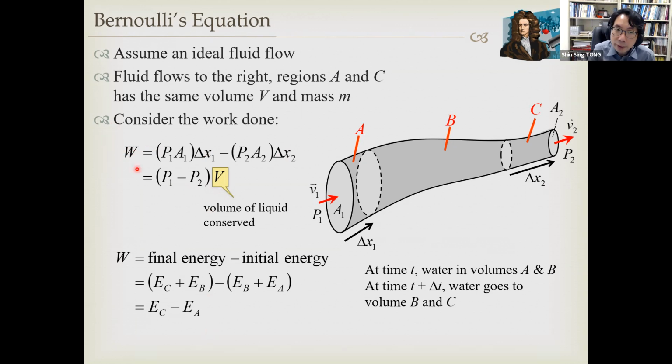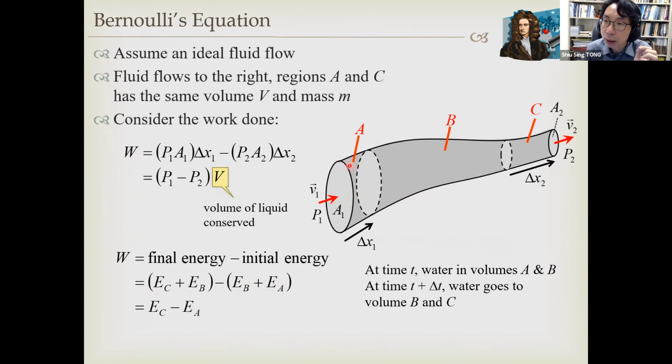Now I have to relate the work done with the change in energy. Initially, I imagine that the liquid is in volume A and volume B. So the initial energy of these two parts is EA plus EB.